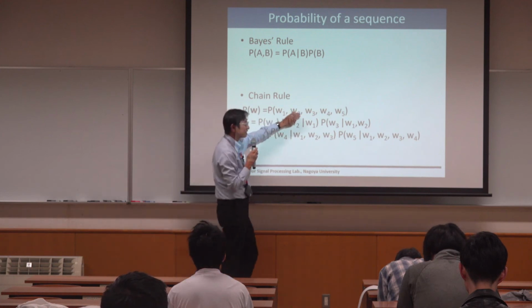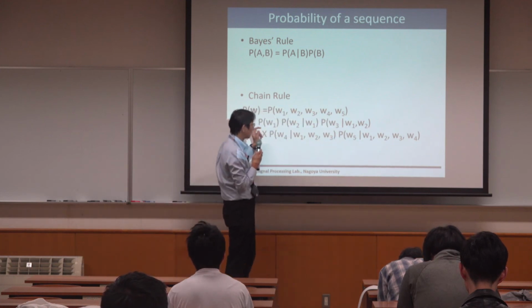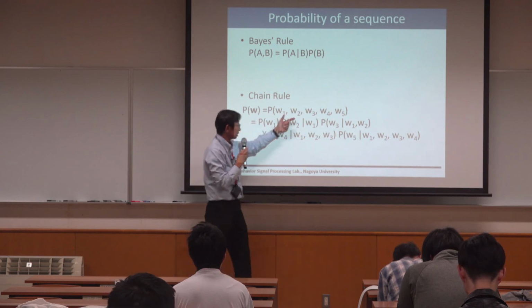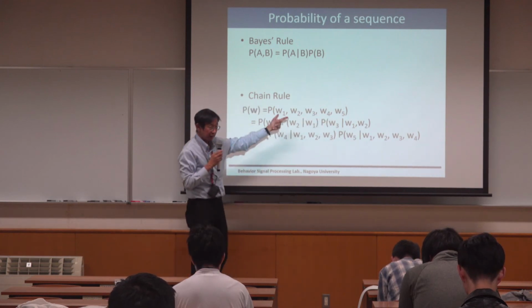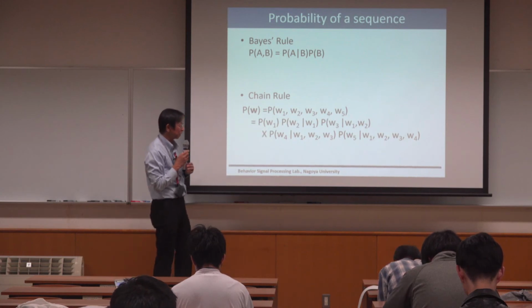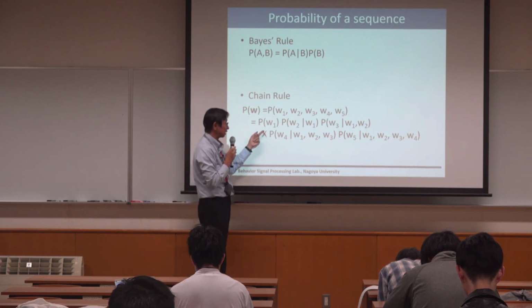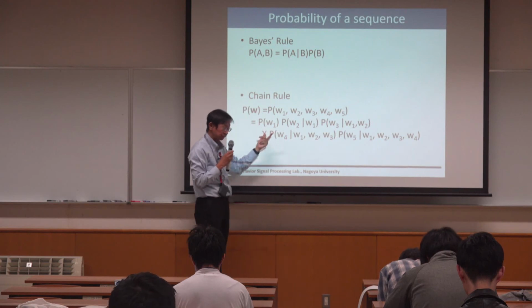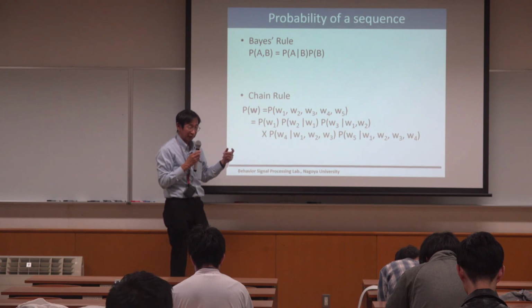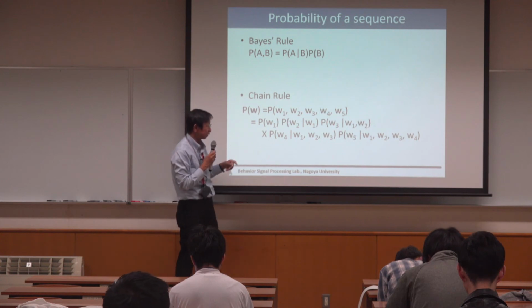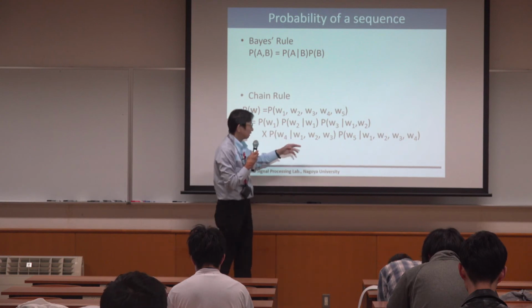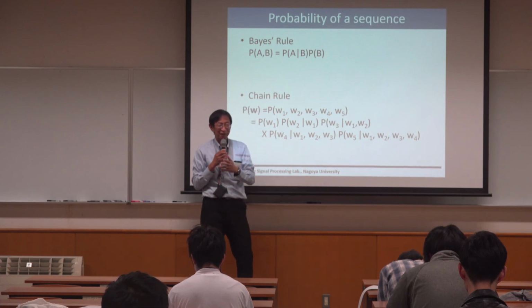It's not realistic to do this for all the sequences, the whole history of the word sequence. And the idea that we usually use is to assume the Markovian property. It's a good property that we can forget the day before yesterday.